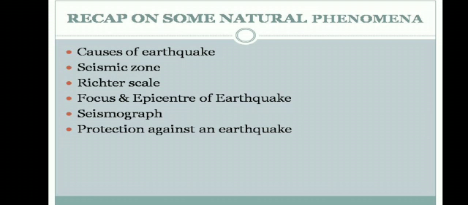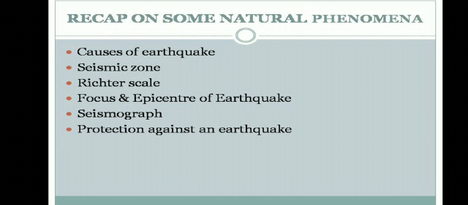Seismic zone. The boundaries of the plates are weak zones where earthquakes are most likely to occur. Those zones or areas are known as seismic zones or fault zones. Richter scale. It is used to determine the magnitude of an earthquake. Seismic waves. The earthquake produces waves on the earth's surface, which are referred to as seismic waves.